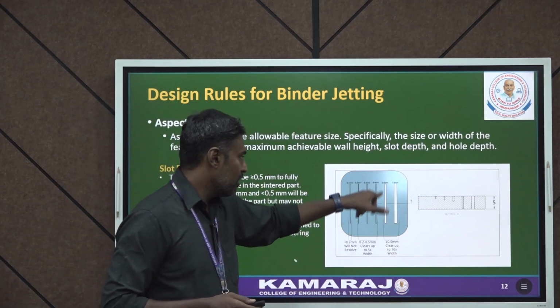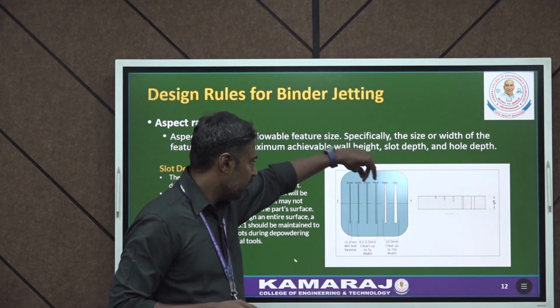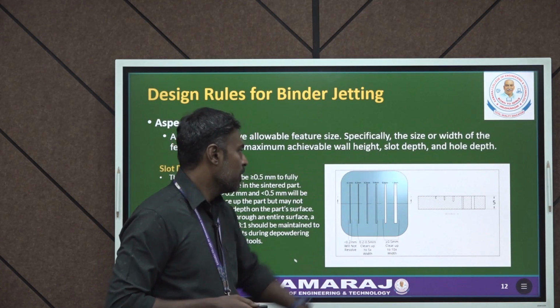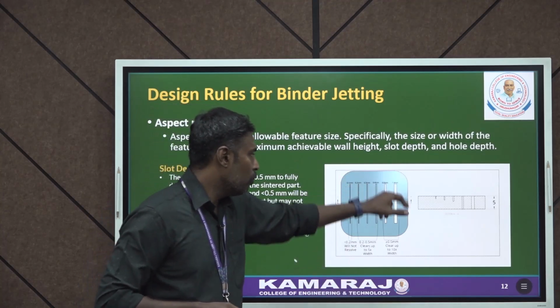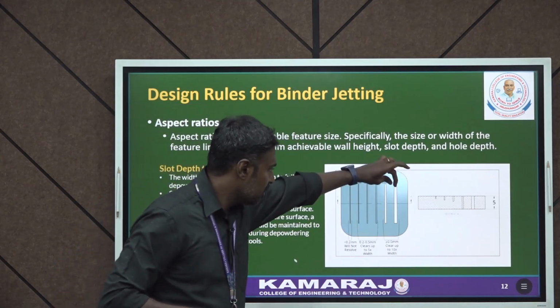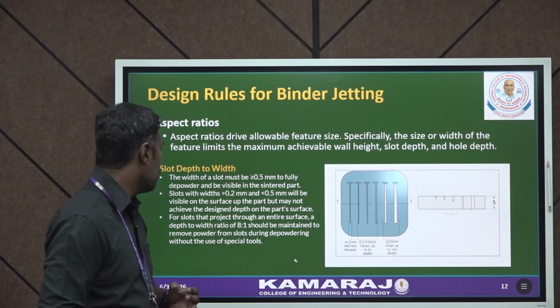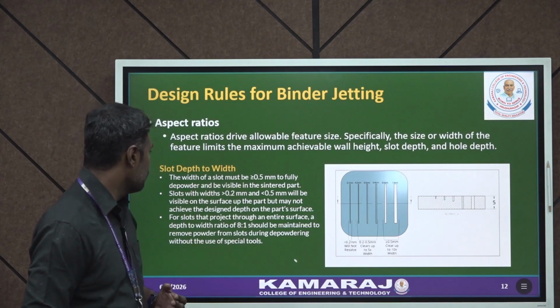Here there are several slots, that is, holes also. With varying width from 0.1 mm to 1 mm, width to height, this is the width and this is the height. Here also you have to maintain the proper aspect ratios.